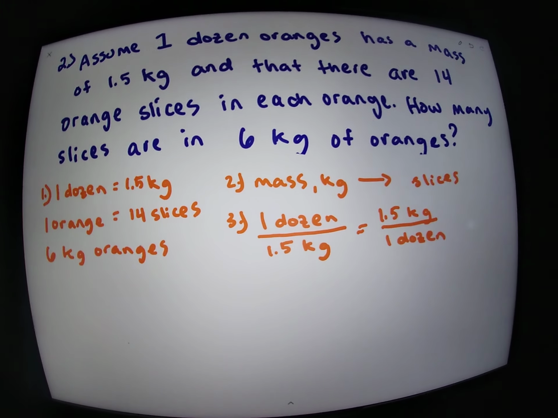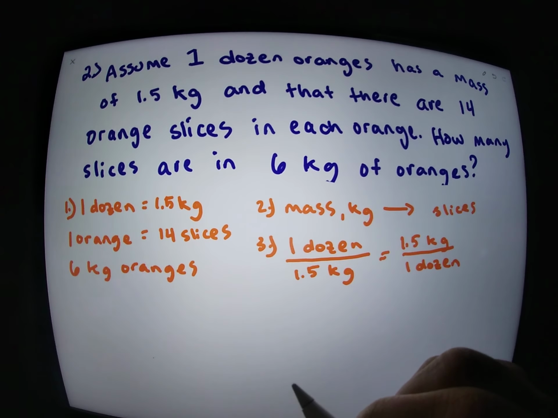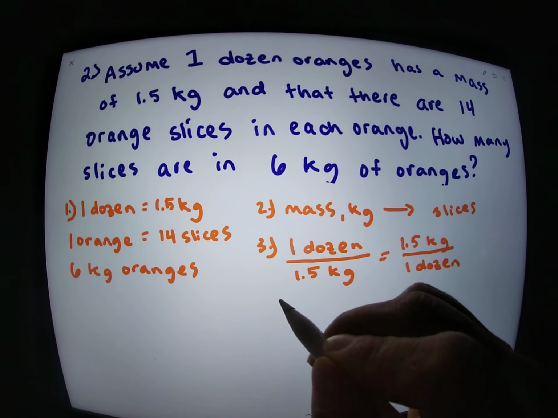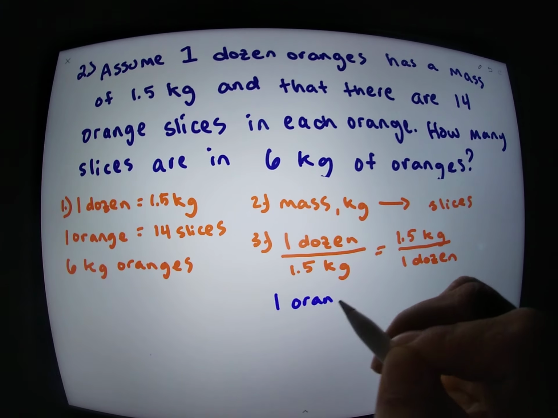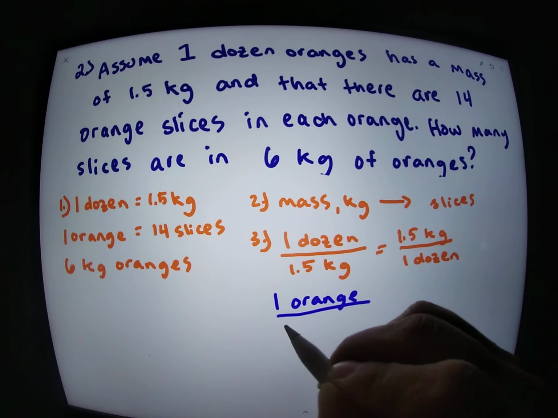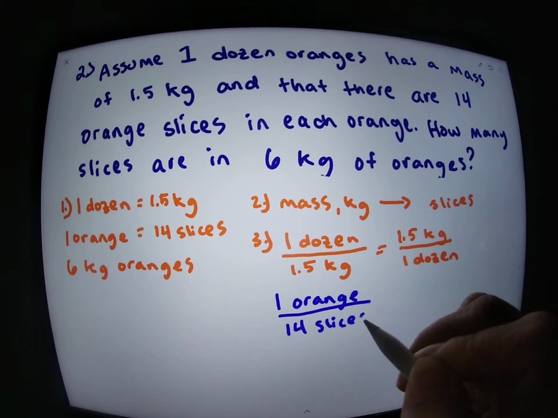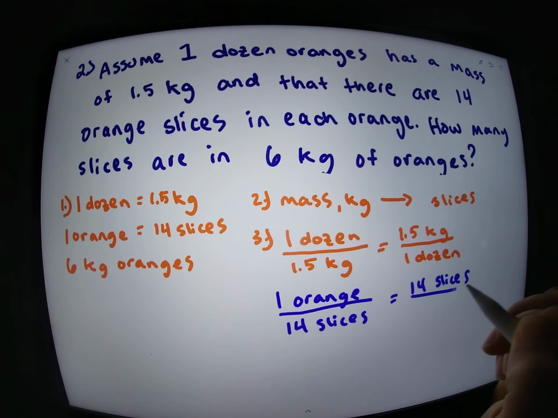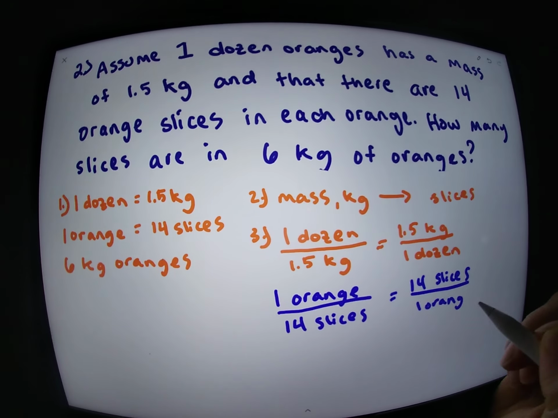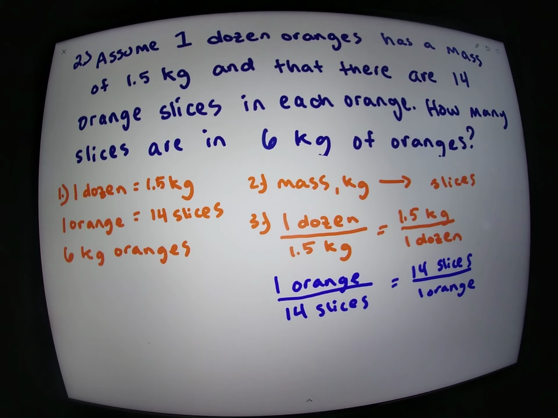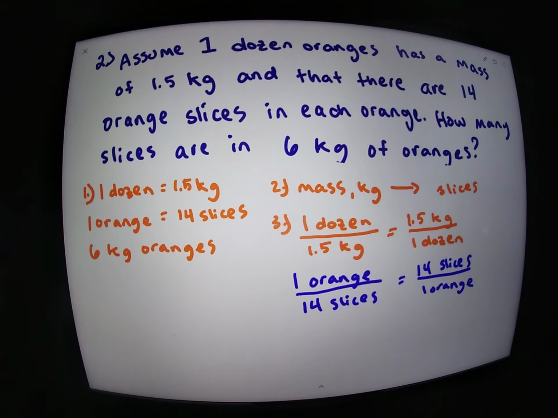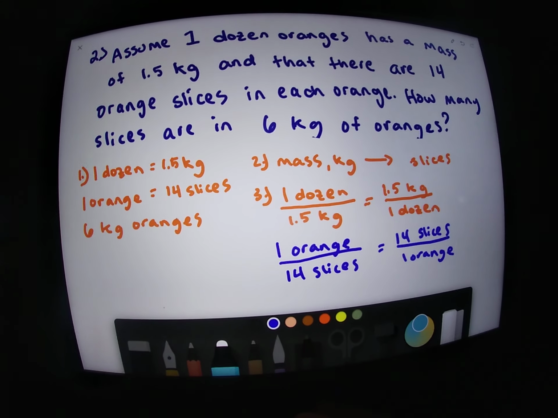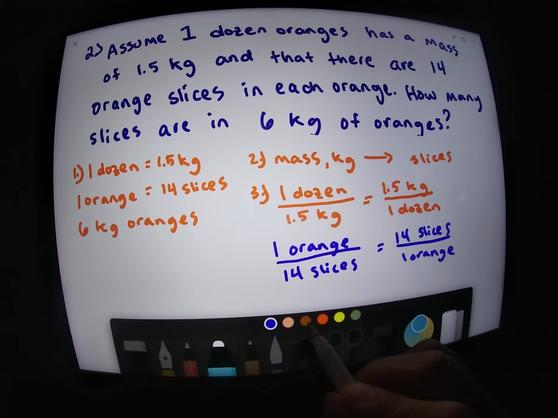And then the second set of conversion factors, I'm going to do this in a different color. 1 orange equals 14 slices, and 14 slices equal 1 orange. I think that's all we need. If we need, we can make the conversion factor of 1 dozen to 12 oranges. I don't think we need that though.